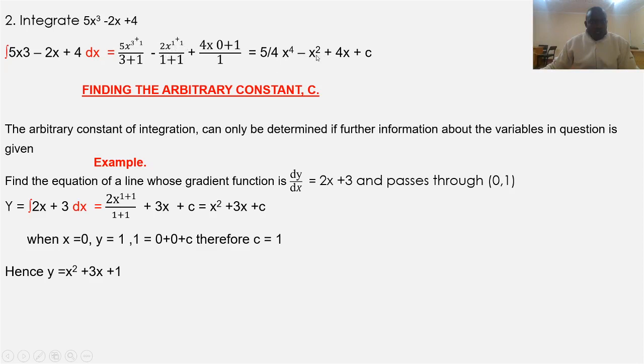The 2 and 2 cancel, so it remains minus x squared. Then plus 4x to the power 1 over 1. X to the power 1 is the same as x, and a number to the power of 1 is that number, so we remain with 4x. So it will be 5 over 4 x to the power 4 minus x squared plus 4x plus c.